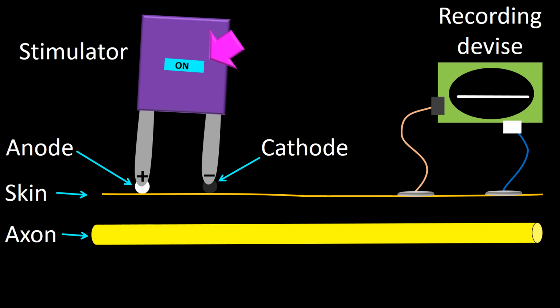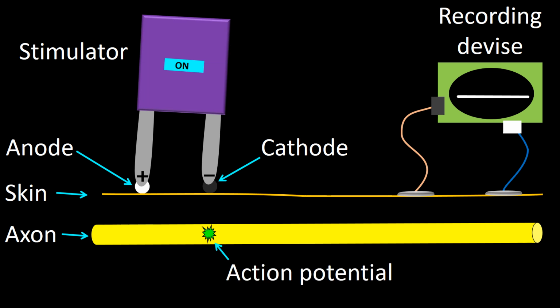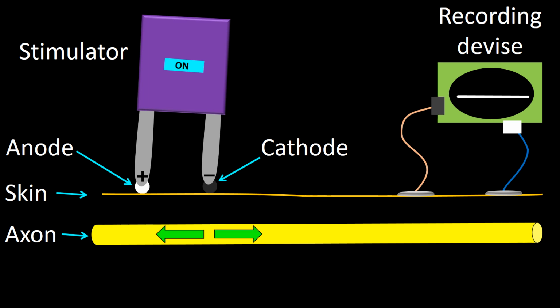Now the stimulator has been turned on and an action potential arises under the cathode. The electrotonic current produced by the action potential spreads in both directions. The current advancing towards the recording device goes on to produce a wave.